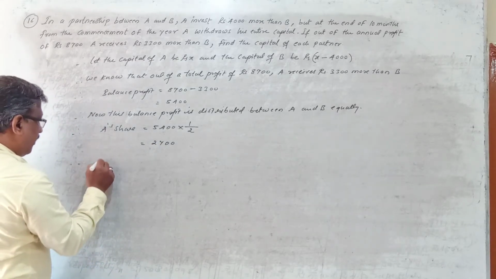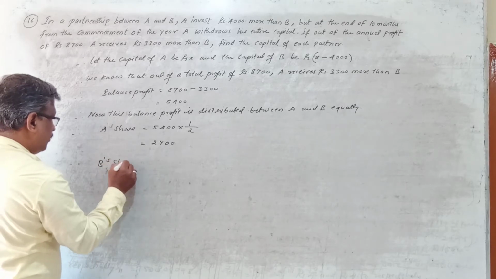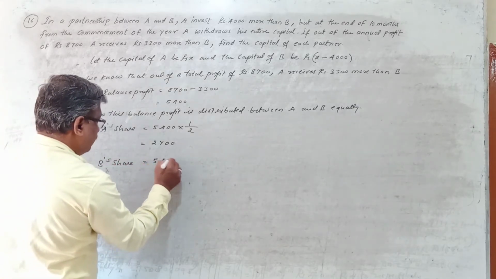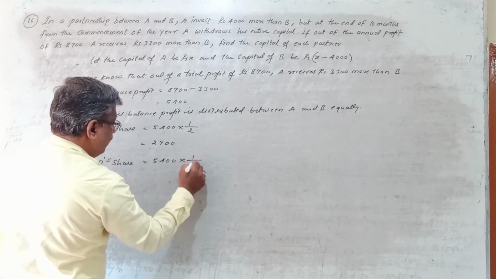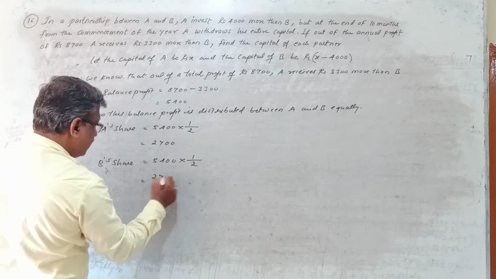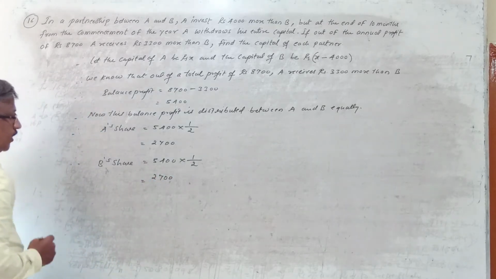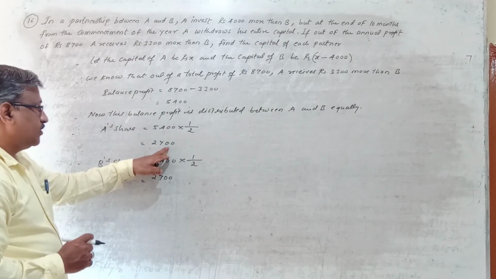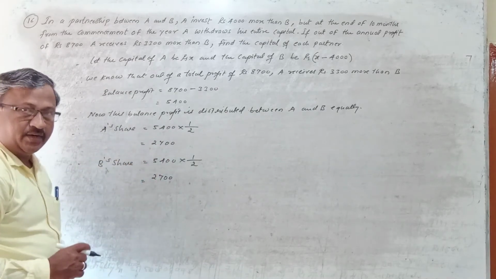Then you calculate B's share. B's share is equal to 5,400 multiplied by 1 by 2, which also gives 2,700. Means out of this balance profit, A's share is 2,700 and B's share is 2,700, equal.